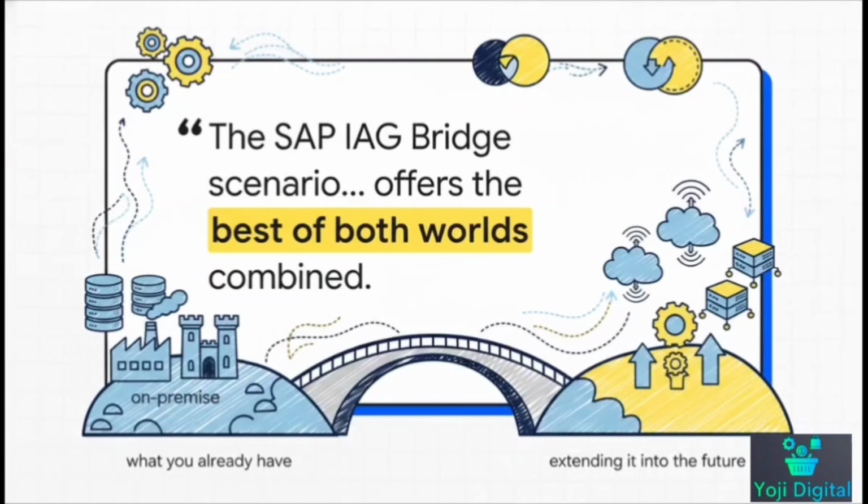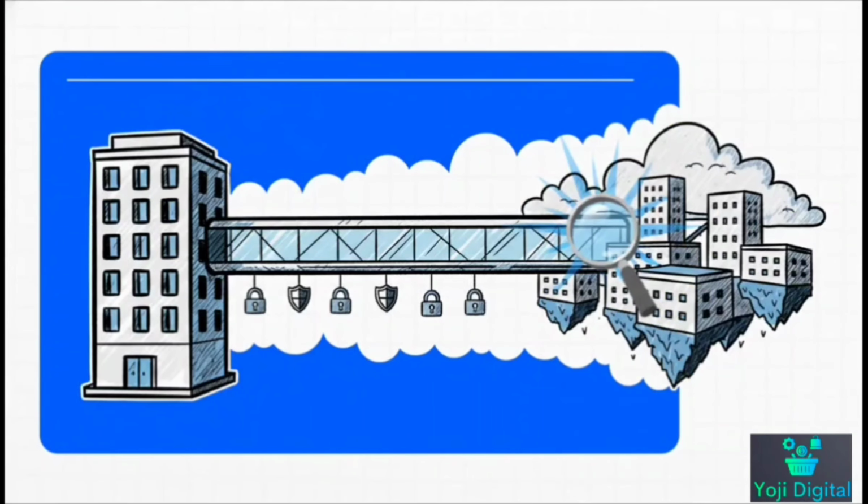What is the bridge? Imagine your on-premise GRC is your corporate headquarters. The IAG bridge is a high-tech skywalk connecting your HQ to your new cloud offices. It's an integration service that lets you use GRC to manage access for cloud apps, with IAG as the messenger. Here's how it works.